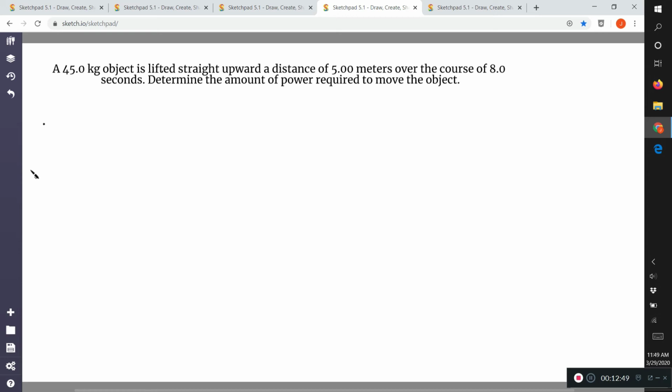All right, so we're looking for power, meaning that we're using this formula here. Power equals change in energy over time. Now, we currently have two methods of finding energy that have been listed. One is that work is equal to the change in energy.